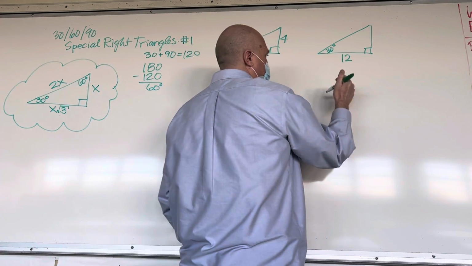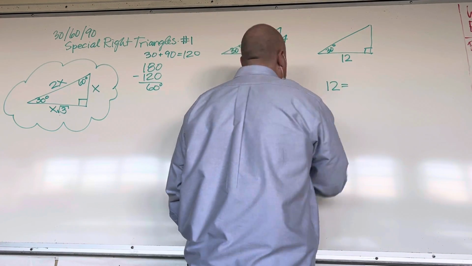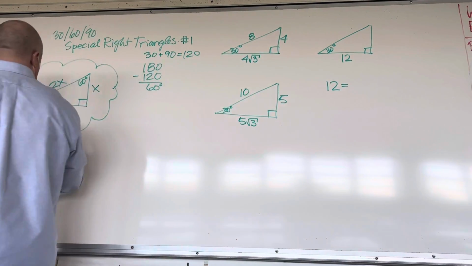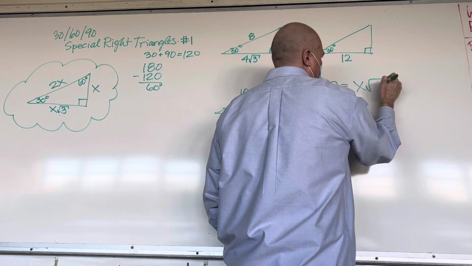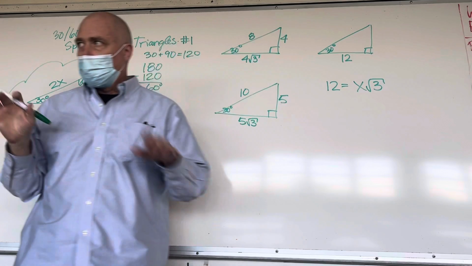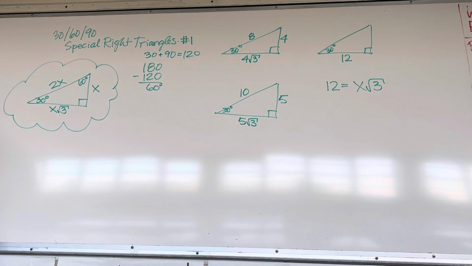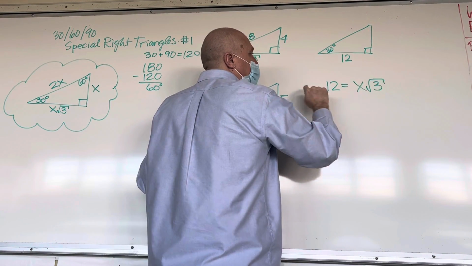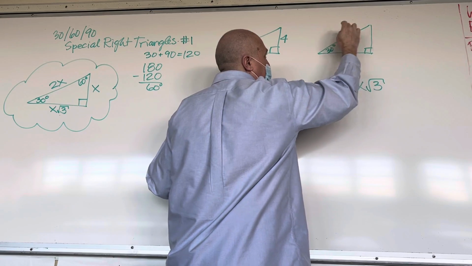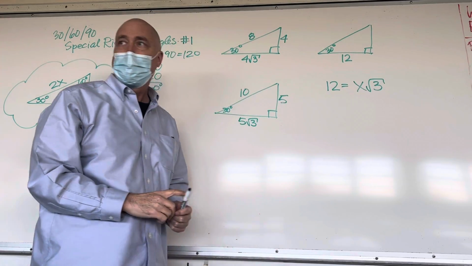We say that this 12 must equal this pattern, or this ratio of x times the square root of 3. You okay with the idea that they have to be equal? As long as we know what that x is, then this is going to work out. Whatever x has to be for this side to be 12, that's going to be what x is here and 2x is there. Fair enough?